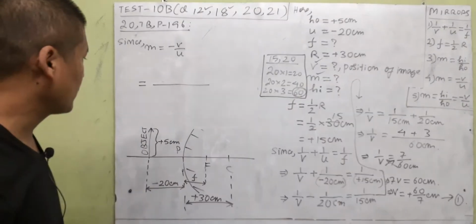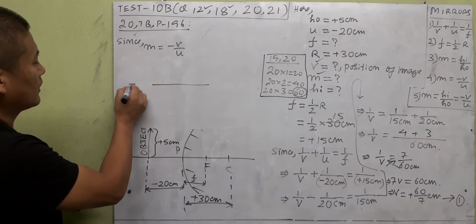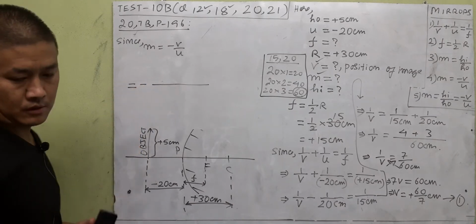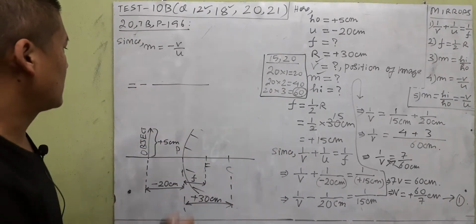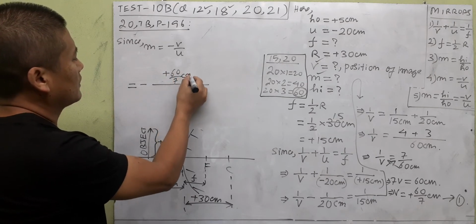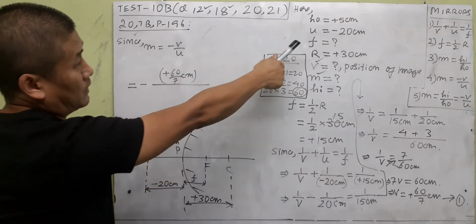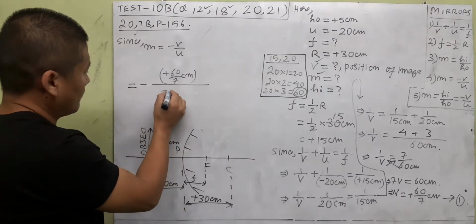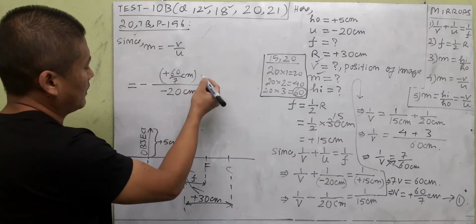Put long line, then your minus sign for the formula should be here. And V there is a plus, so there's nothing much to worry, plus 60 by 7 centimeter. U there, as you can see, minus 20 centimeter.